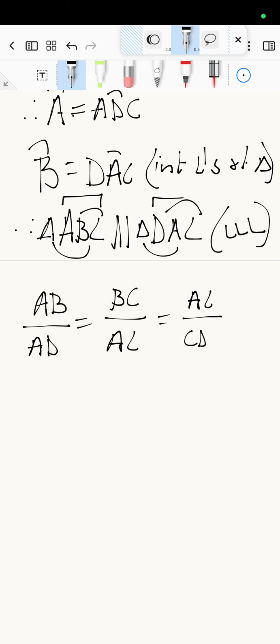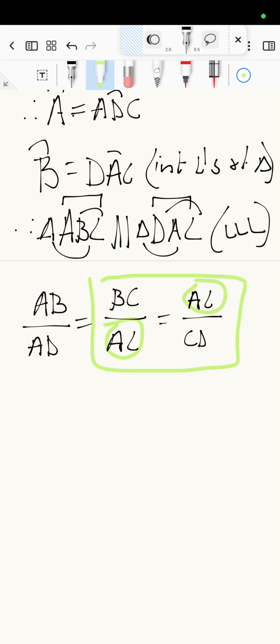Now we look at these and look for duplicates. We see AC there and AC there, so these are duplicates. We multiply both sides with AC, so I end up with AC squared on my right-hand side, and on my left-hand side I have BC multiplied by CD.